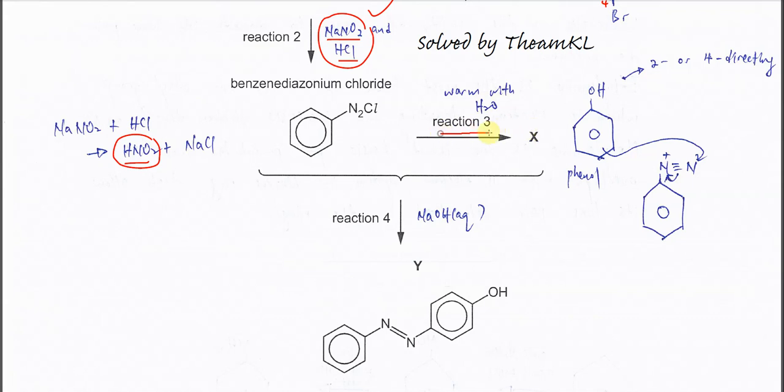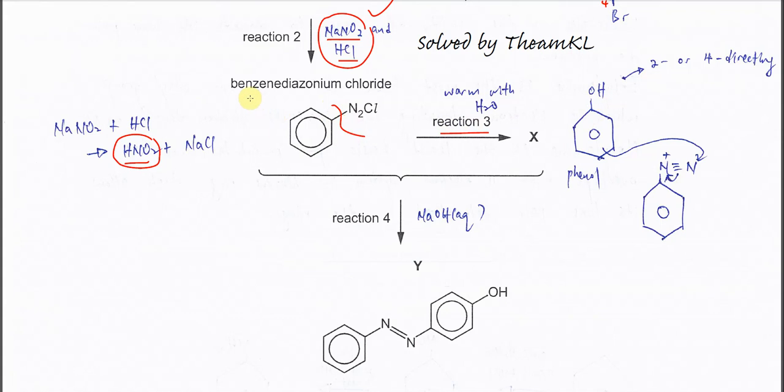So this is reaction 3. For this one, benzene diazonium chloride is actually not stable. When the temperature is more than 10 degrees C, it gets hydrolyzed, so it reacts with water, decomposes and forms phenol.